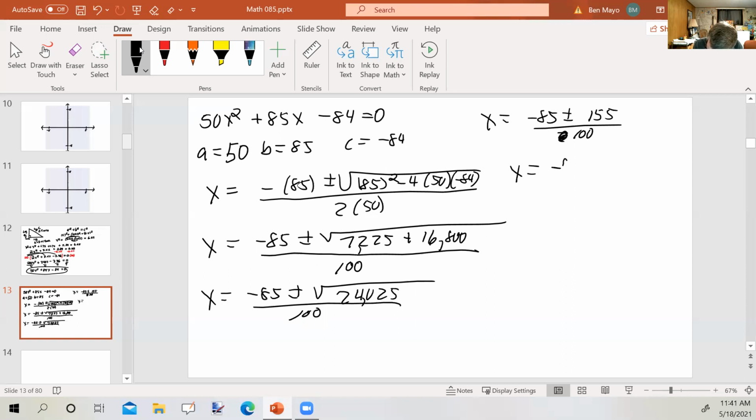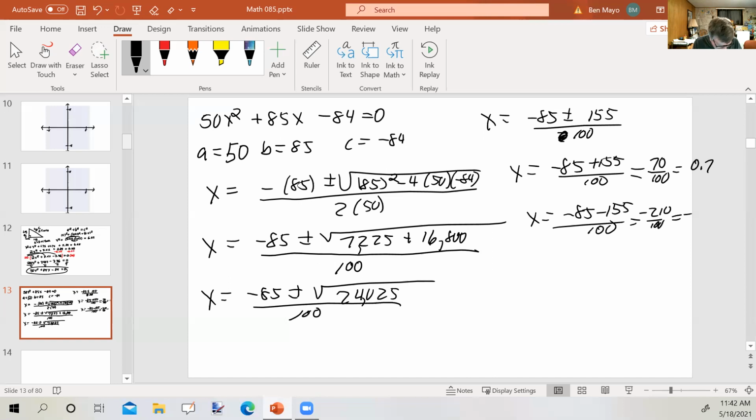So x equals negative 85 plus 155 over 100. X equals negative 85 minus 155 over 100. Negative 85 plus 155 is 70 over 100 would be 0.7. Negative 85 minus 155 is negative 210 over 100, which would be negative 2.1.